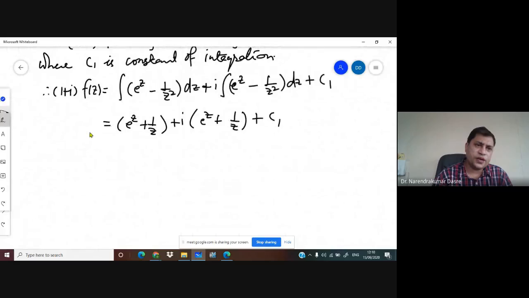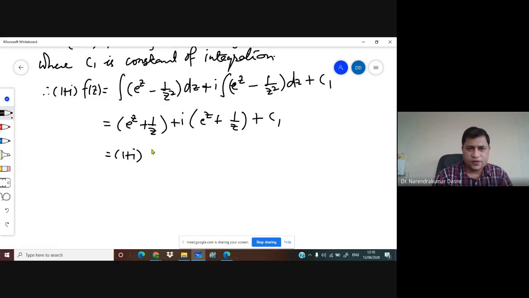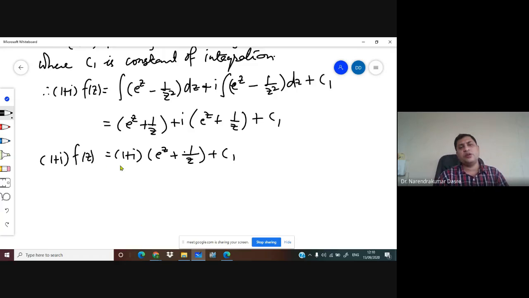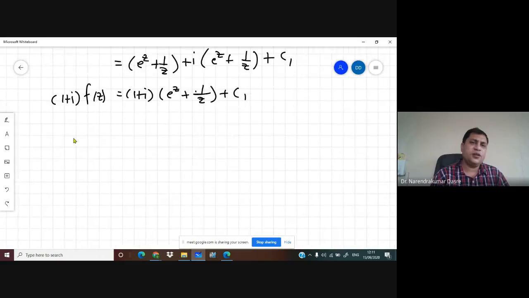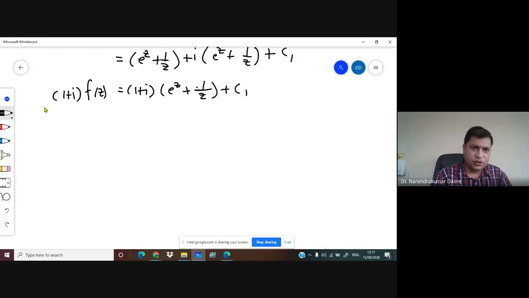So we can write this as 1 plus i into e raised to z plus 1 upon z plus c1. So this is 1 plus i into f of z. So by Milne-Thompson method we have obtained the analytic function, but we are interested in f of z only.